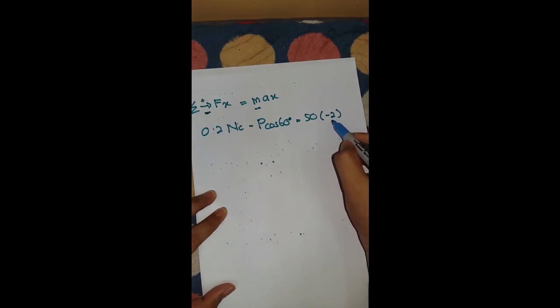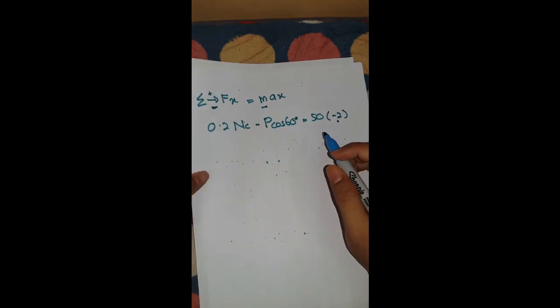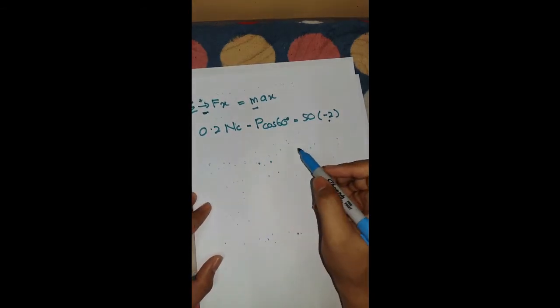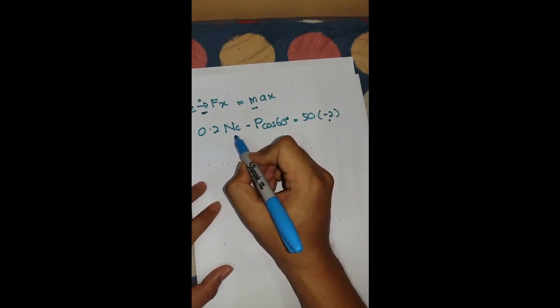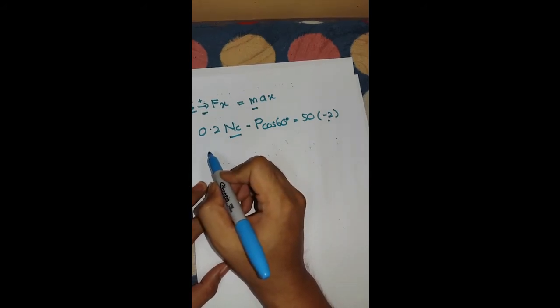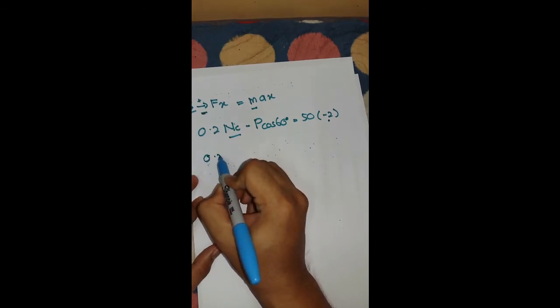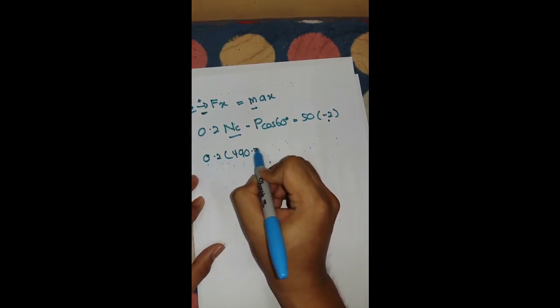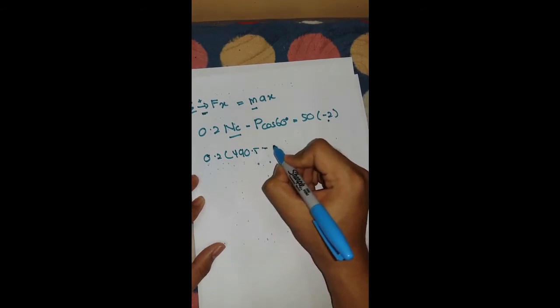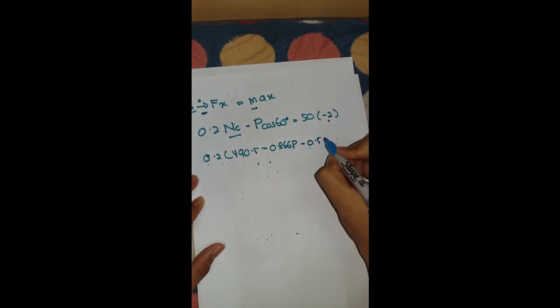So here, where we got to the previous kinematic equation, the normal force here you get from the previous one is 0.2 times 490.5 minus 0.866P minus 0.5, close the bracket, minus 100.